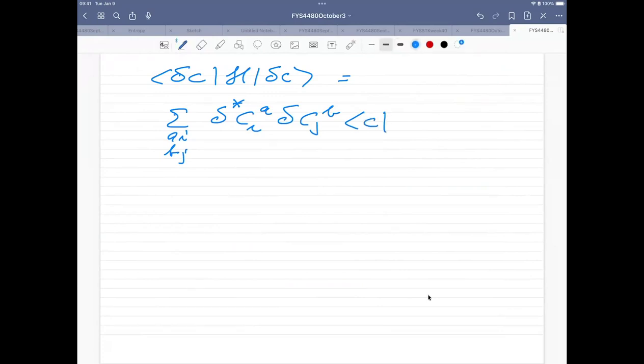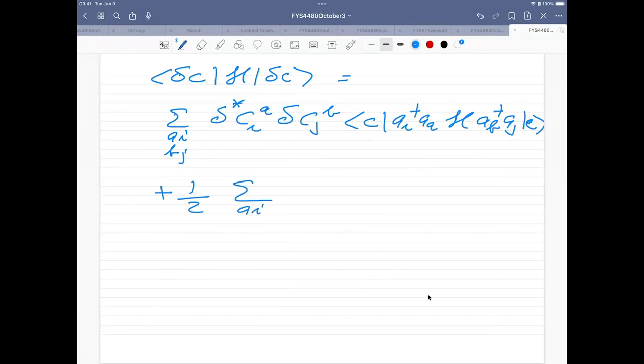And then I have my a_I dagger, a_A, I have the Hamiltonian, and then I have an a_B, a_J times C here. But then I'm going to get a higher order term, one which comes from the ket side, because I'm keeping terms to delta C squared. So that means there will be a term which is going to look like this.